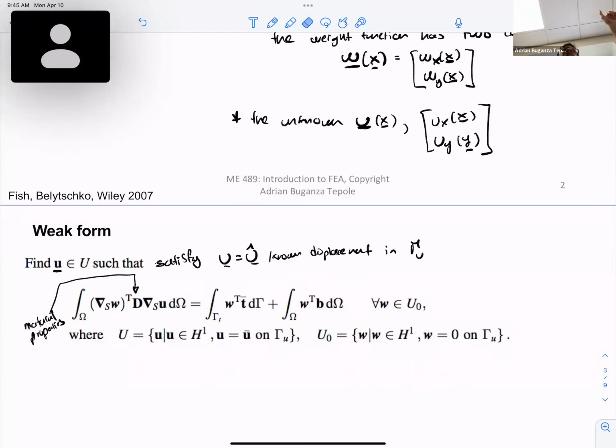That gives you the stiffness matrix. Then on the right-hand side, we have the integral of W times T over the boundary with natural boundary conditions. That gives you the force vector of the forces at the boundary, and then the last integral over omega of W times B. That is the vector of body forces.